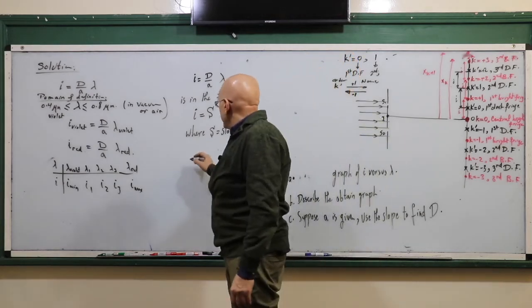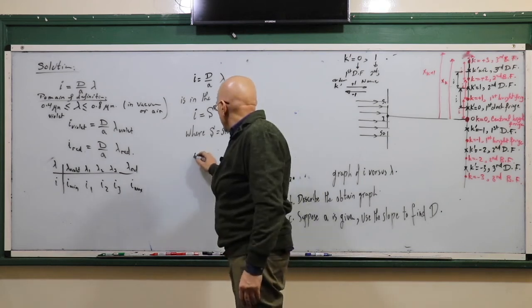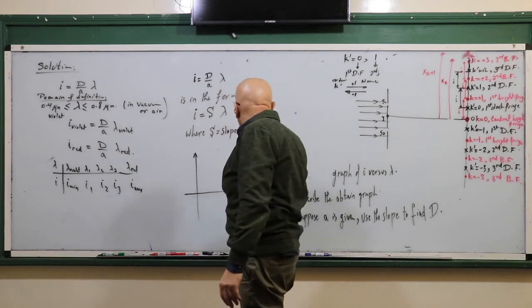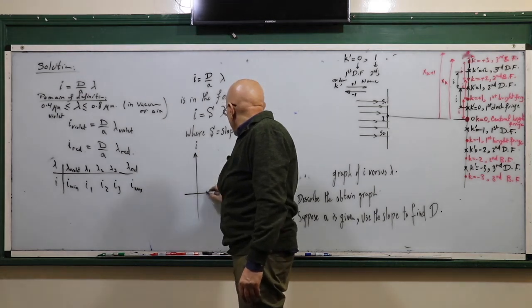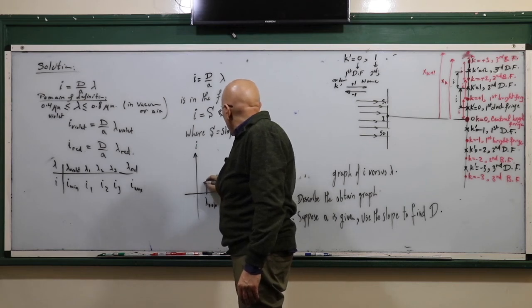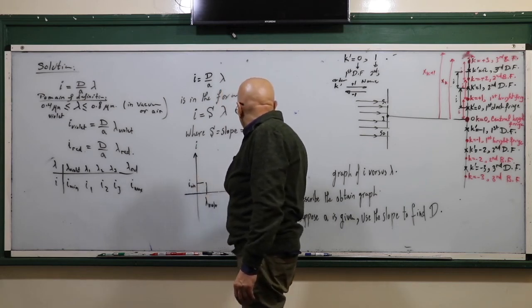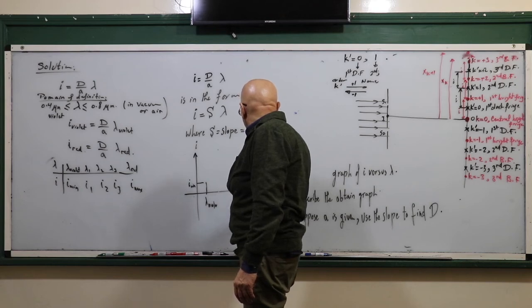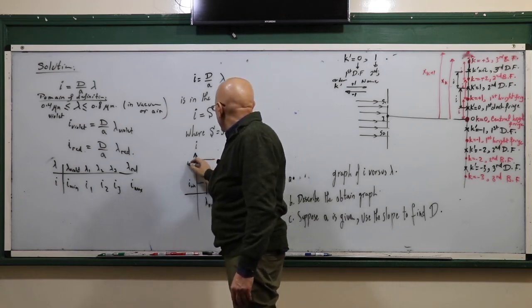So it is sufficient to take 2 points. This is lambda, this is I. Lambda violet gives me I minimum, and lambda red gives me I red.